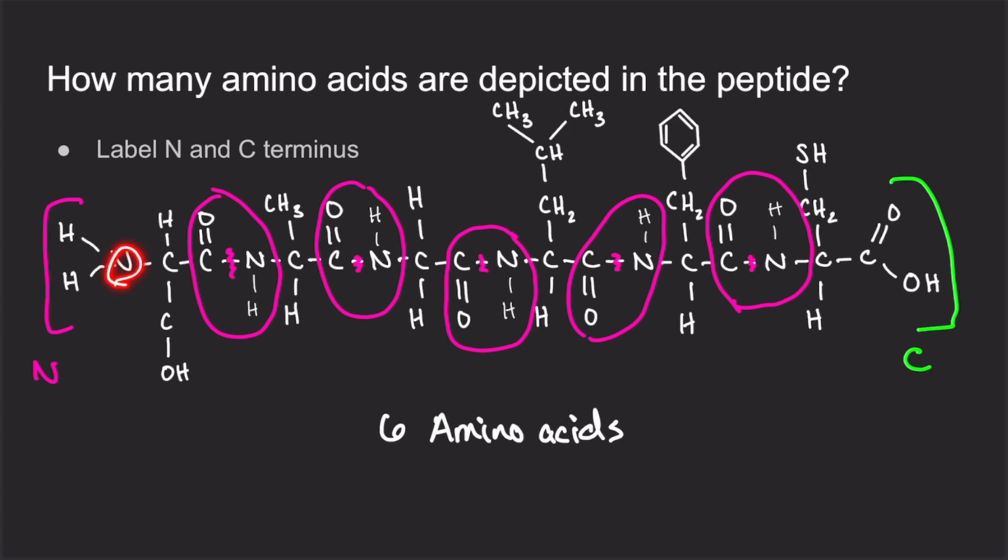We have 1, 2, 3, 4, 5, 6 nitrogens that are part of the backbone. So really, any of the ways that gets you to the right answer works just fine. This is my personal way of doing it: finding the amides, finding the peptide bonds, and realizing you just count the number of peptide bonds, add 1, and that gets you the number of amino acids. Okay?